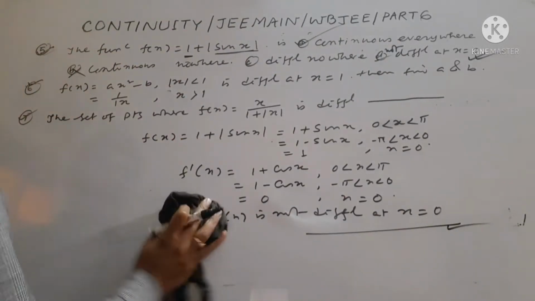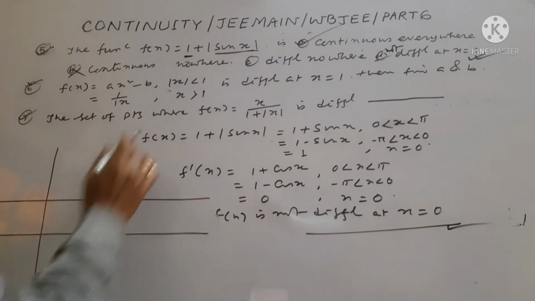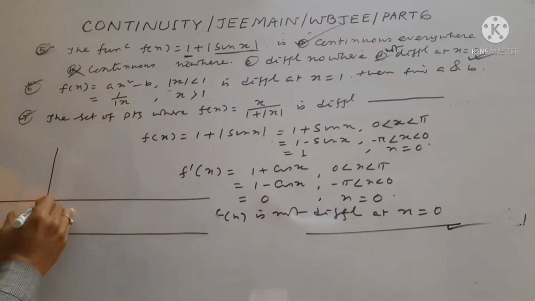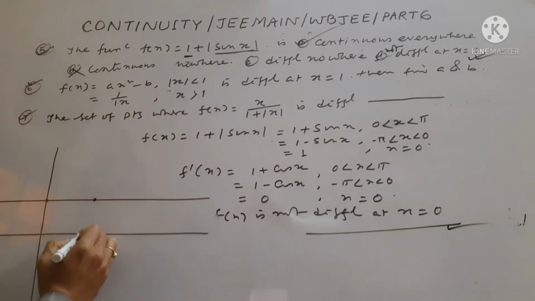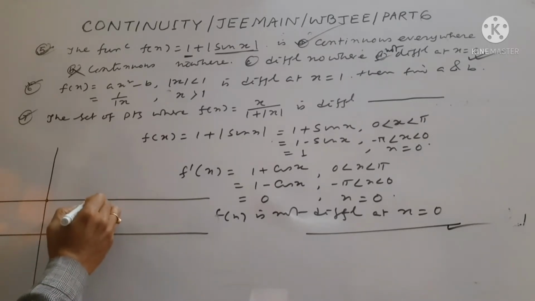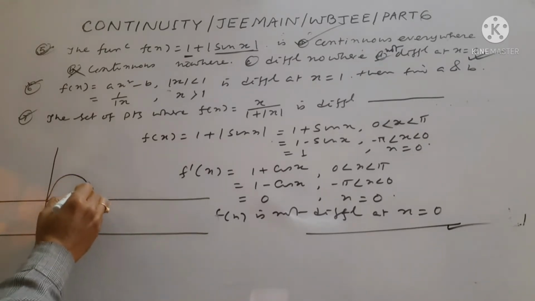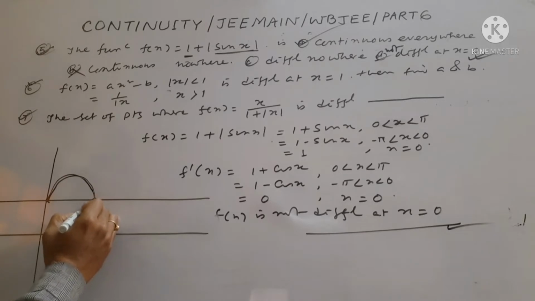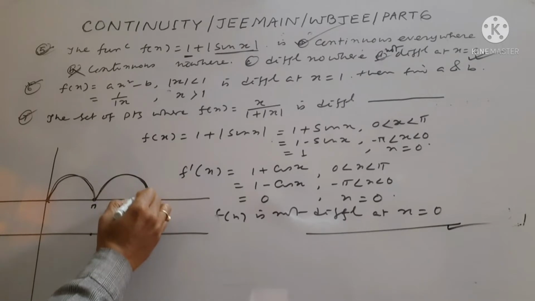Now, if you consider the graph of 1 plus mod sin x, at 0 it is 0, and at pi it is 1. So the graph will be like this.